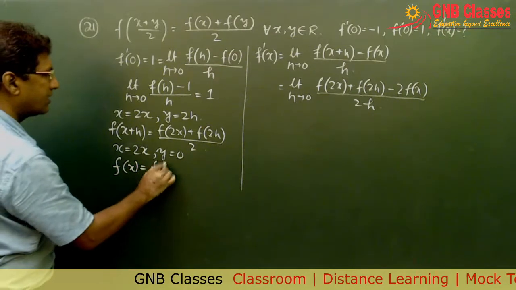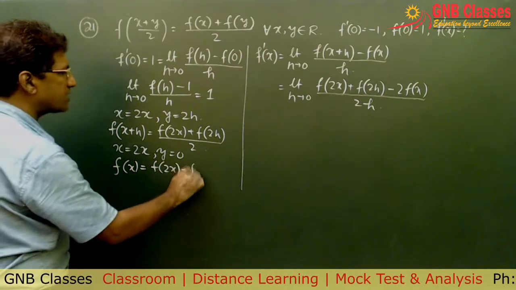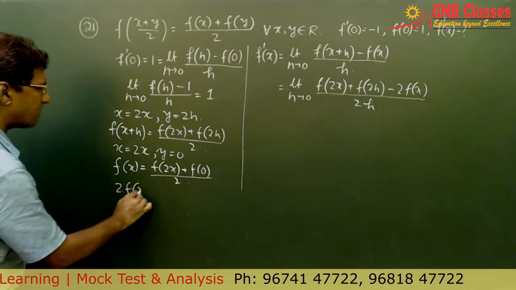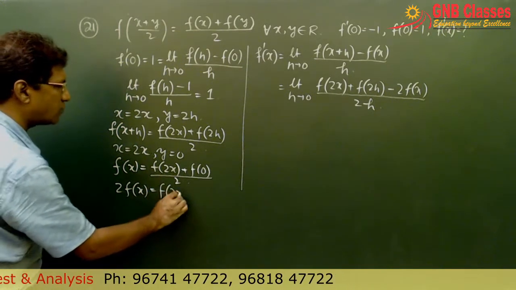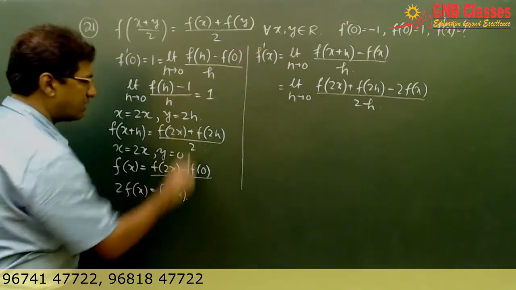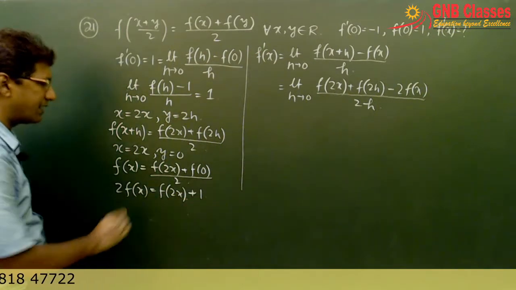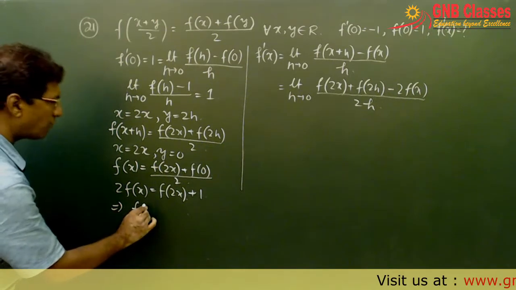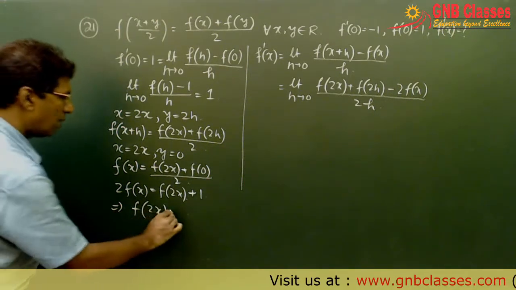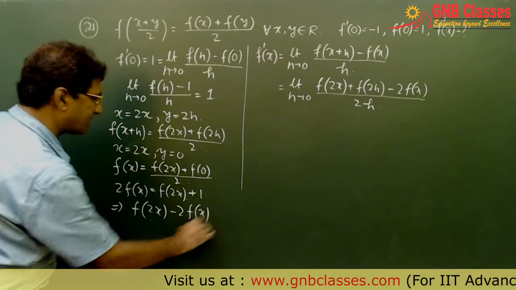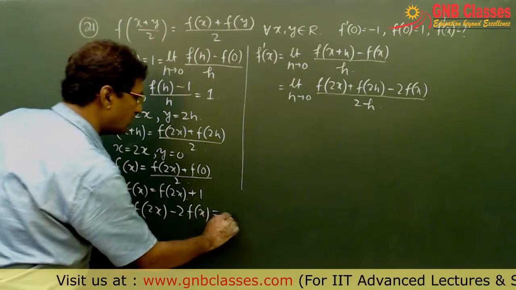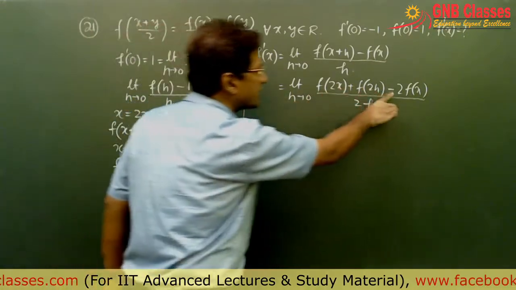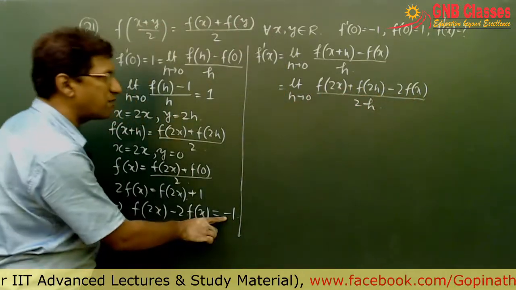Fx is nothing but f of 2x plus f of 0 divided by 2. So we are getting 2 times fx equals f of 2x. And f of 0 is nothing but 1, so we get f of 2x minus 2 times f of x is nothing but minus 1. Is it clear? So f of 2x minus 2 times f of x can be replaced by minus 1.